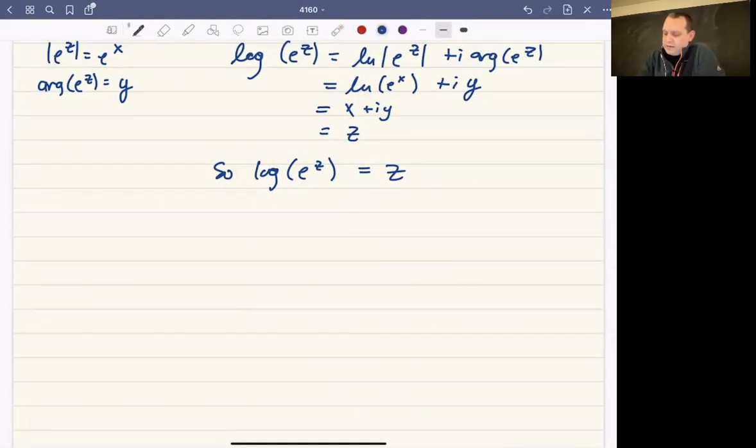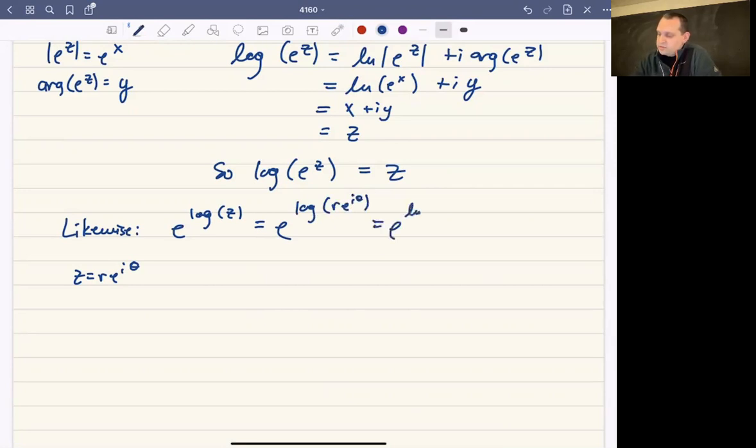Likewise, now let's look at e to the log of z. And what we're going to do here is let's write z as r e to the i theta. We'll do e to the log of r e to the i theta. The log of a complex number is the natural log of the modulus, which in our case is going to be r, plus i times the argument, which is going to be theta.